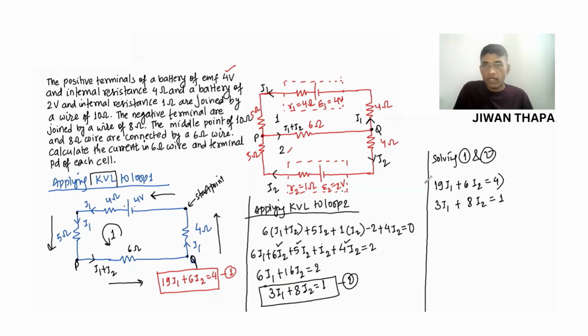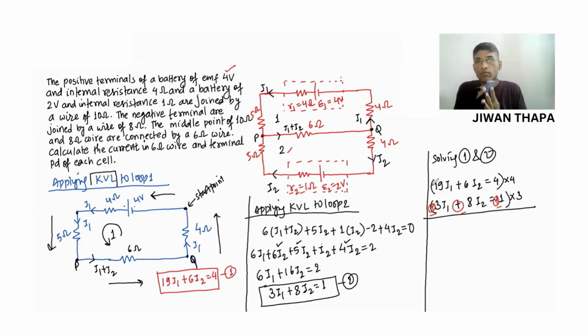So let's multiply this by 4 on both sides, and this by 3, and let us subtract. So we have this. So what do you get?